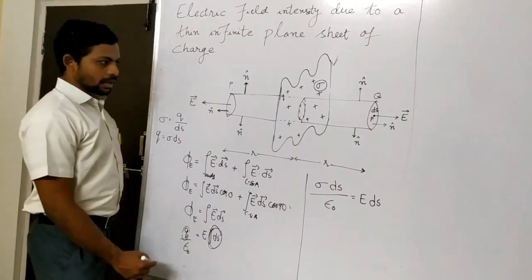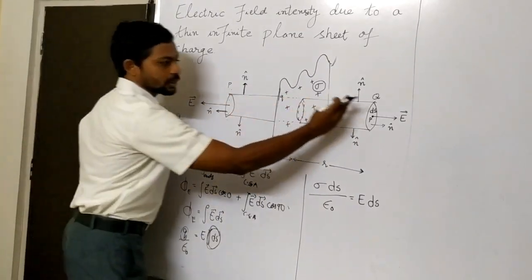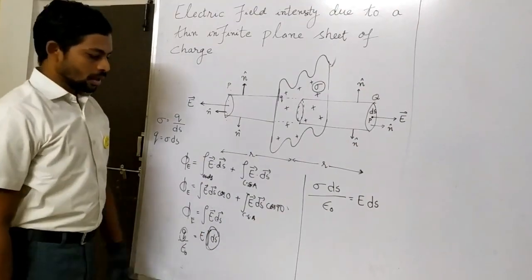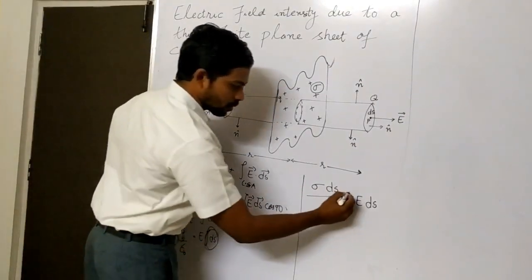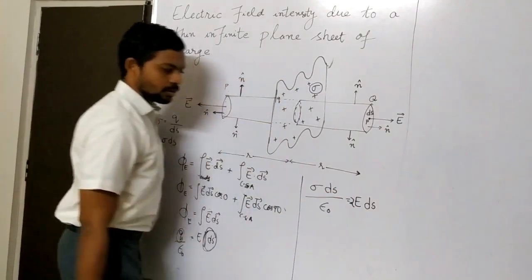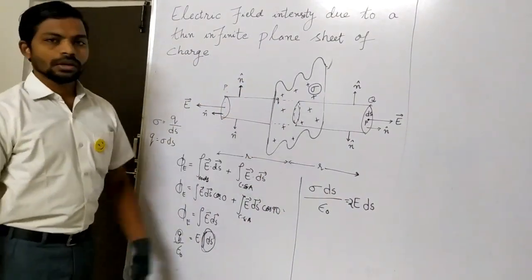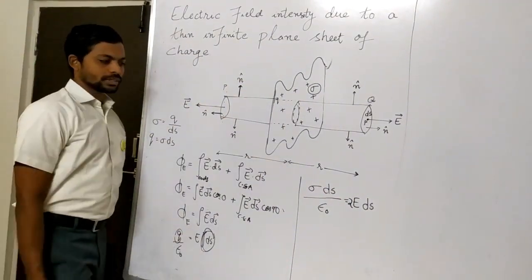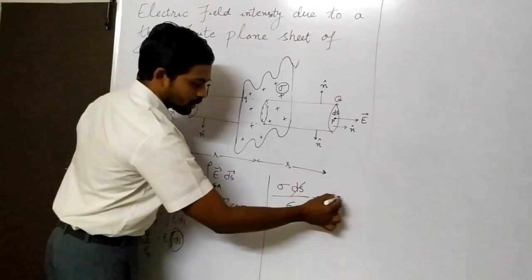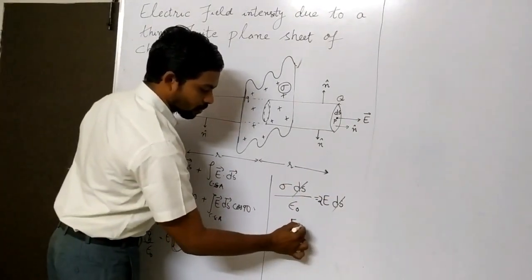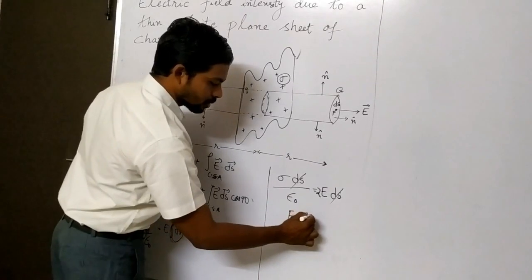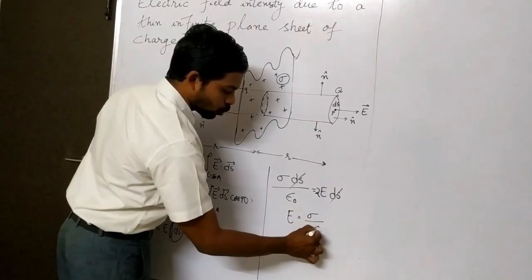But let me tell you, there are two ends which are contributing the flux. So let us write 2, because there are two ends. This is for one end. For two ends it will be 2 E ds. ds cancels. So E is given as sigma by 2 epsilon naught.